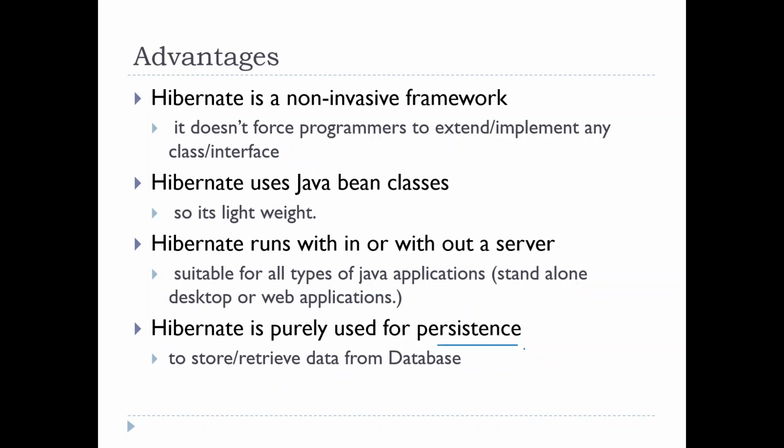Also, Hibernate is purely used for persistence, which means that Hibernate can be used only for storing, retrieving data, or updating data, deleting data, only for performing database operations. So that is why there is not much dependency between other modules of our application. We can simply use Hibernate in any type of application wherever we are trying to access a database.